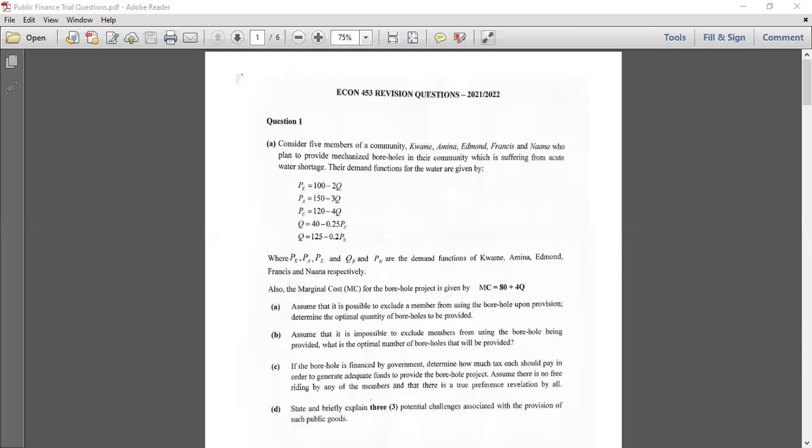So we equate the various demand curves to the marginal cost. Then we find the quantity that each person is going to buy. Then we add them. When we add them, then we get the total quantity that will be produced.